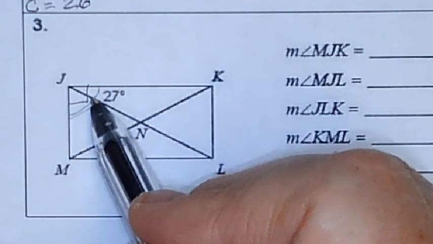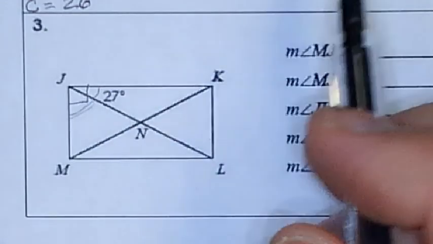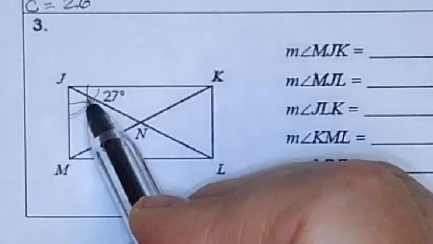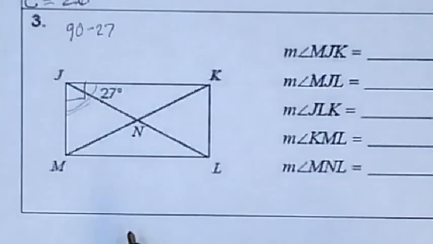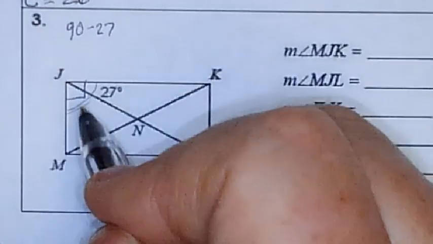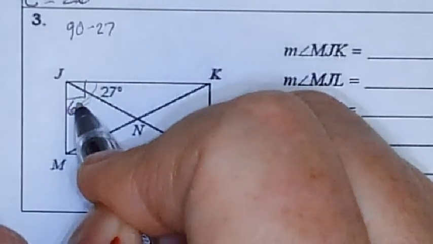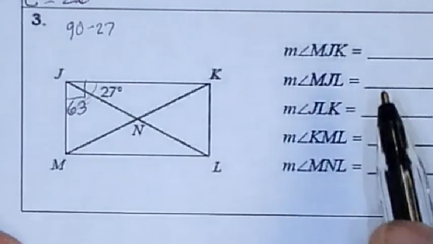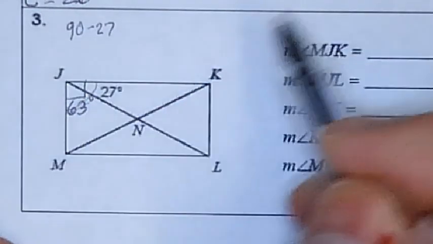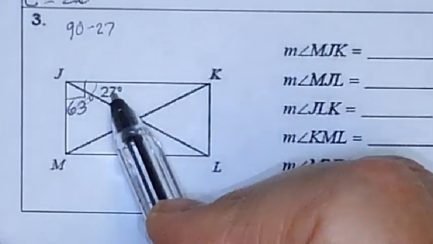But this little angle is 27. So if you want to find the measure of its complement, we take 90 minus 27. And we all know that 90 minus 27 is going to be what? That means that this angle is 63 degrees. Because after all, 63 plus 27 is 90.